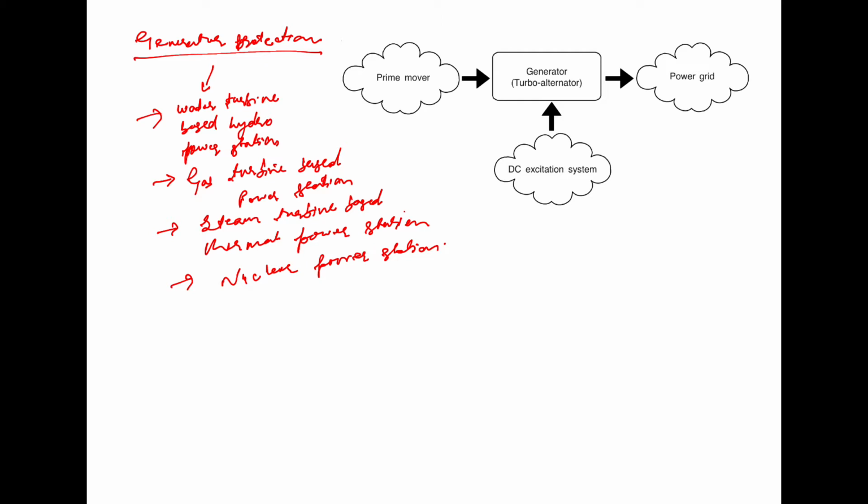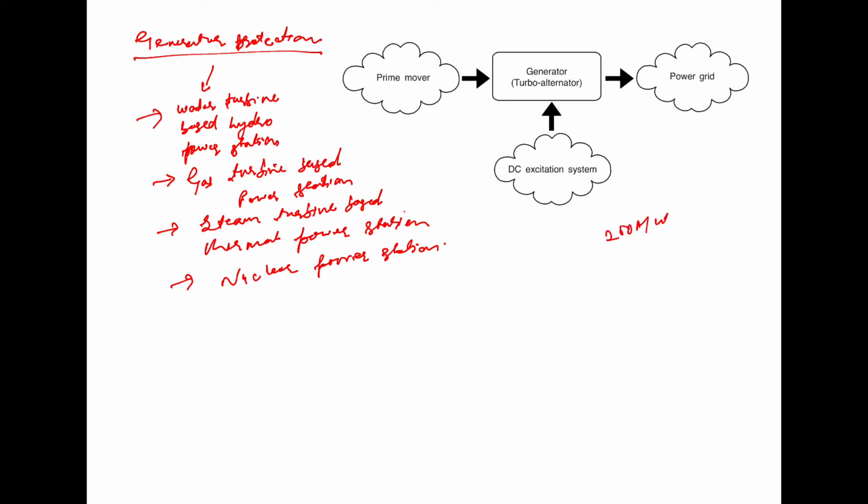So it is obvious that generator protection is very complex compared to the protection for the other elements of the power system. In this case, we will discuss the protection of large steam turbine based turbo alternators of capacity 200 megawatt and higher.